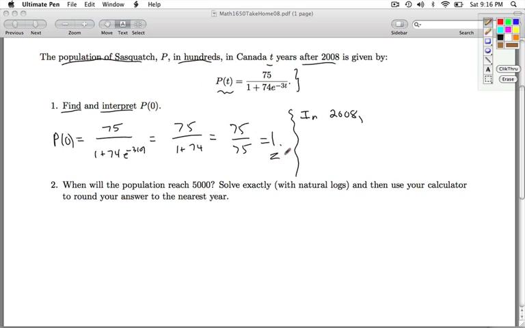So getting a 1 out really means 100. So in 2008, there are 100 Sasquatch in Canada. Okay, so finding it means giving me the number, going through the algebra, and then interpreting it means telling me what it means.